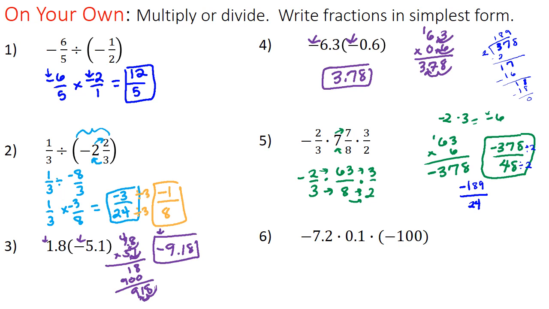And when we look at this 189 and 24, we just need to check to see if these are divisible by 3. So 9 plus 8 is 17, plus 1 is 18, which is divisible by 3, and 24 we know is divisible by 3, so I can keep simplifying this by dividing both of these numbers by 3. So 189 divided by 3, 3 does not go into 1, but it does go into 18 6 times.